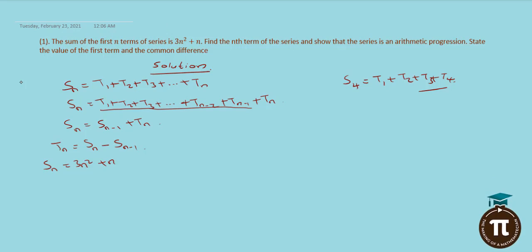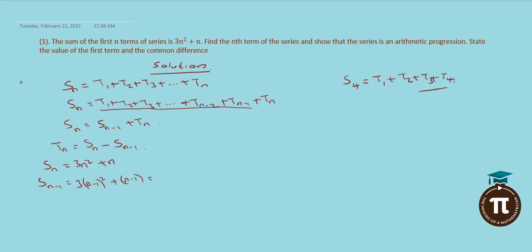So after that, what will be Sn minus 1? Basically, what Sn minus 1 just means is that anywhere you see n, put n minus 1. So Sn is 3n squared plus n, and anywhere you see n, change it to n minus 1. So this will become 3 open bracket n minus 1 all squared plus n minus 1. You have to expand what you have there.